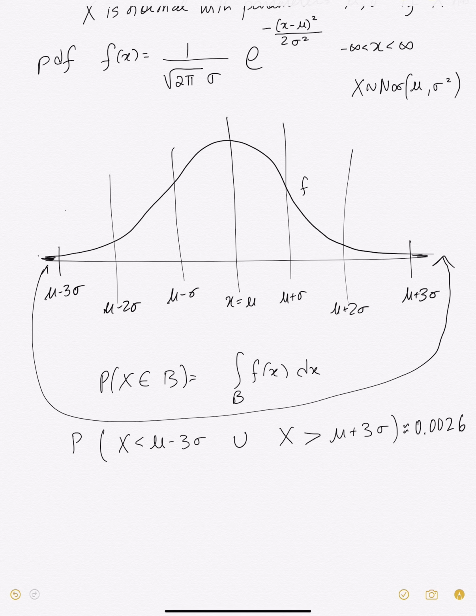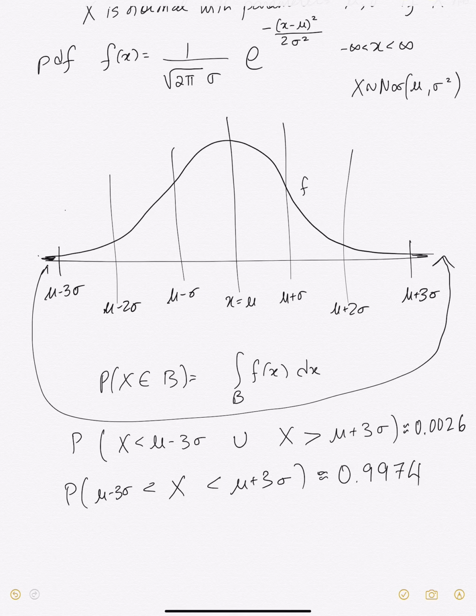Most likely you're going to be between mu minus 3 sigma and mu plus 3 sigma. So the probability X is between these two is approximately 0.9974. It's very unlikely you're going to be more than 3 sigma away from mu in either direction.